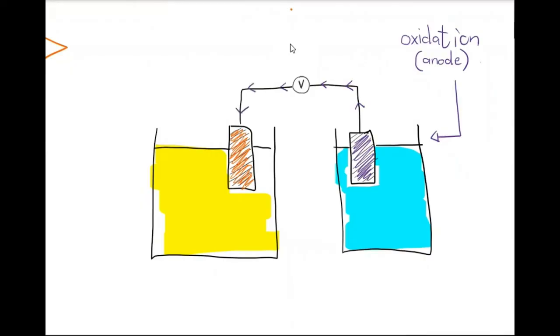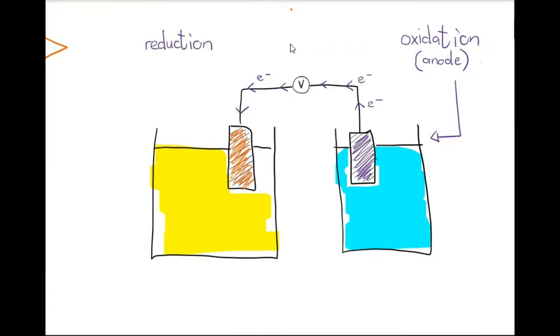That's for grade 12. But as long as you understand that one site, or one half reaction, undergoes oxidation, the place where that takes place is called the anode. So this is the anode, and the electrons will move. Let's label a couple of them. And the electrons will move in the other direction. The side that the electrons are approaching, where they are going, we know now that that is where the process of reduction will take place.